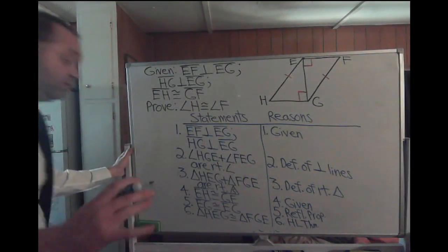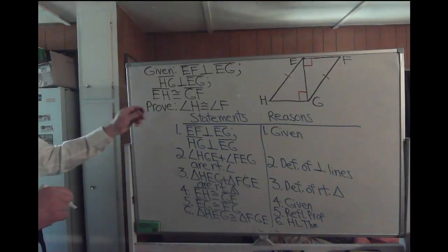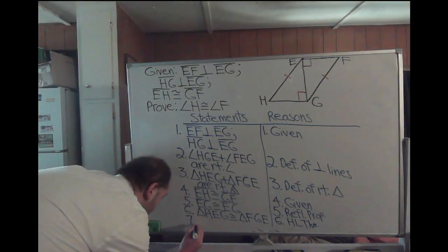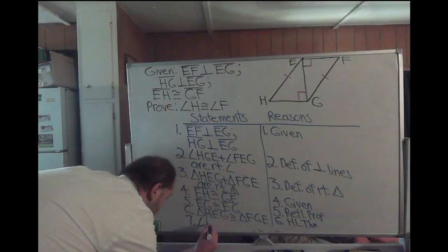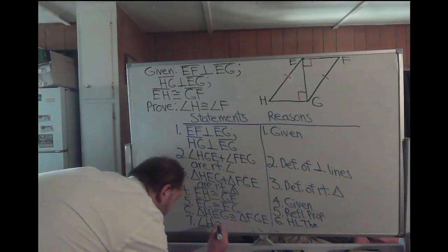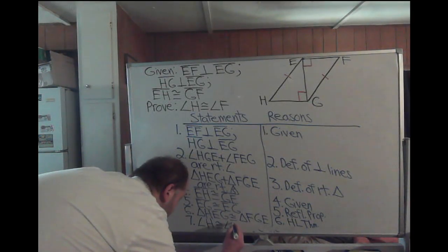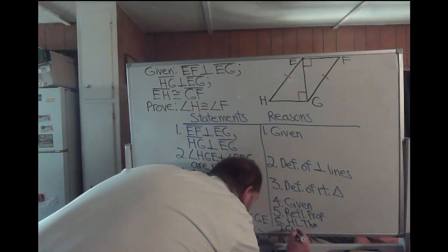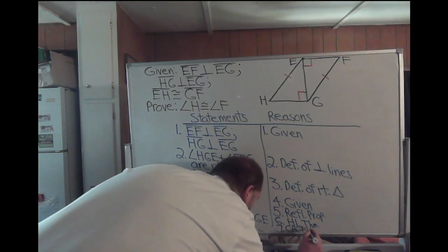So now we've concluded congruent triangles. All that's left to conclude is that angle H is congruent to angle F by CPCTC. That'll be step 7, CPCTC.